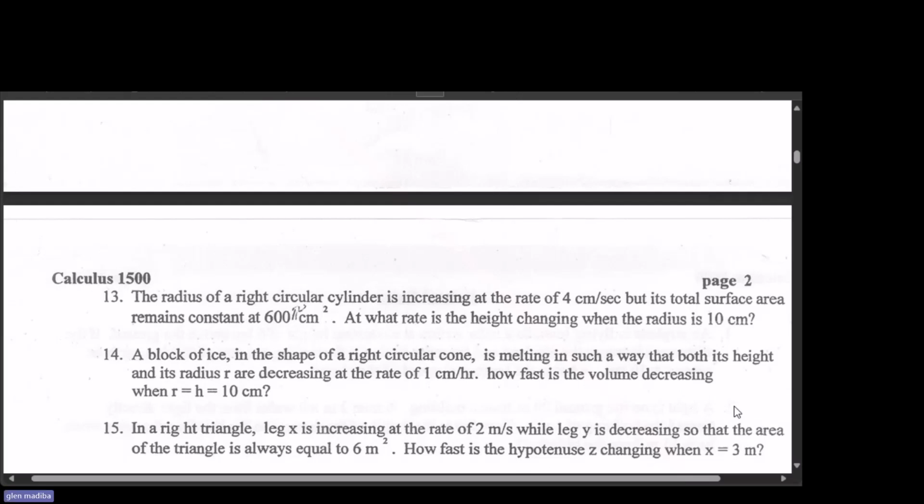Then, how fast is the hypotenuse Z changing when X equals to 3?